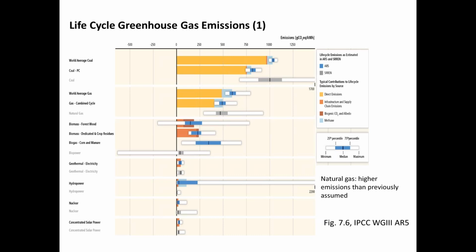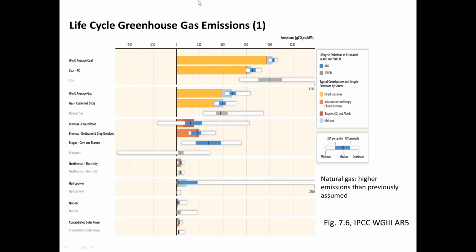Here we see that on average, a coal-fired power plant emits 1 kilogram of CO2 to produce a single kilowatt hour of electricity. There is, of course, a range depending on the efficiency of the power plants, the source of the coal, how far it is being transported and so on.